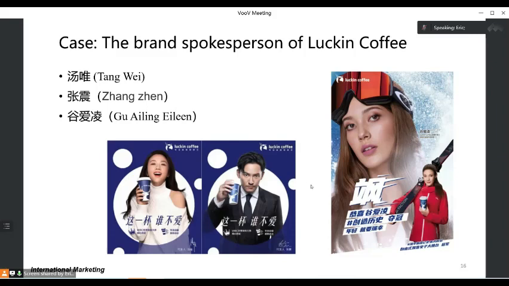So her personality is associated with the brand. Luckin Coffee's brand personality is very good, so it is a successful example.